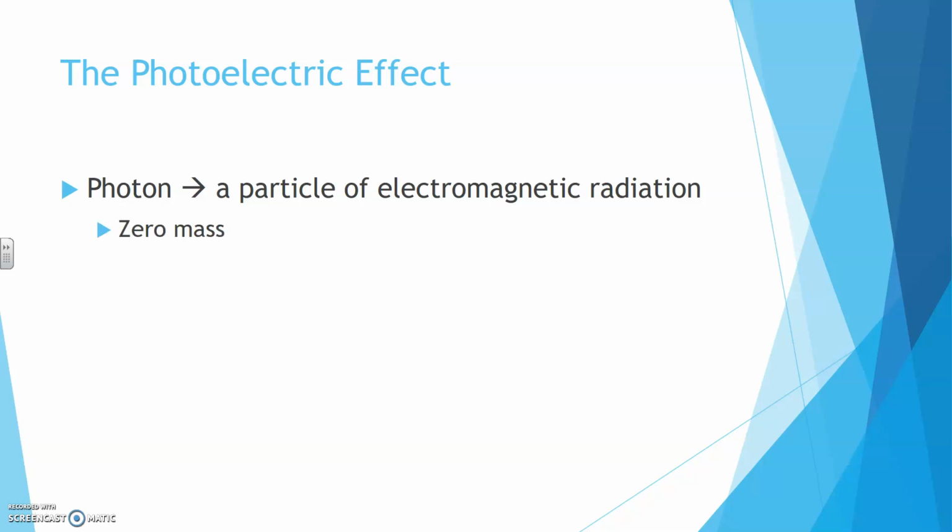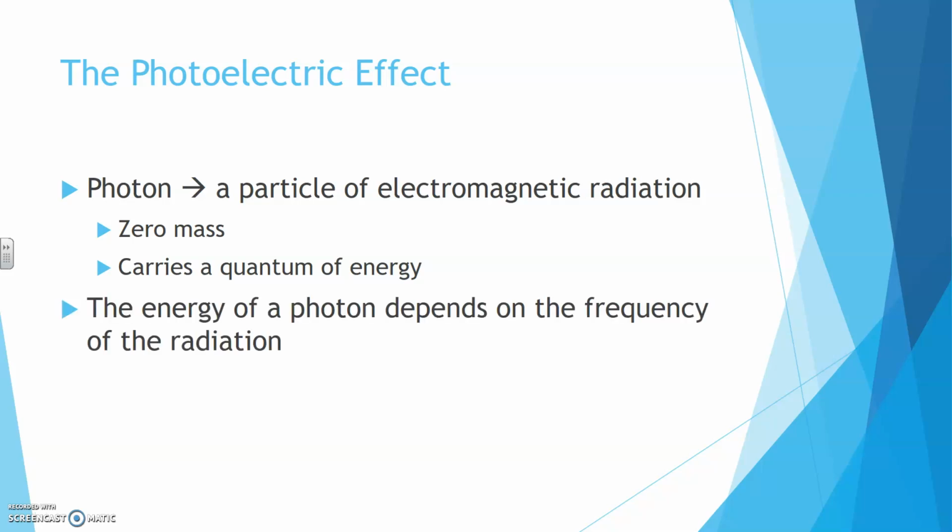But they don't have any mass, okay? But they do carry a quantum of energy. Okay, now the photons, again, that energy is related specifically to the wavelength and to the frequency of the electromagnetic radiation that it's a part of. Okay, so that's where that quantum of energy comes from.